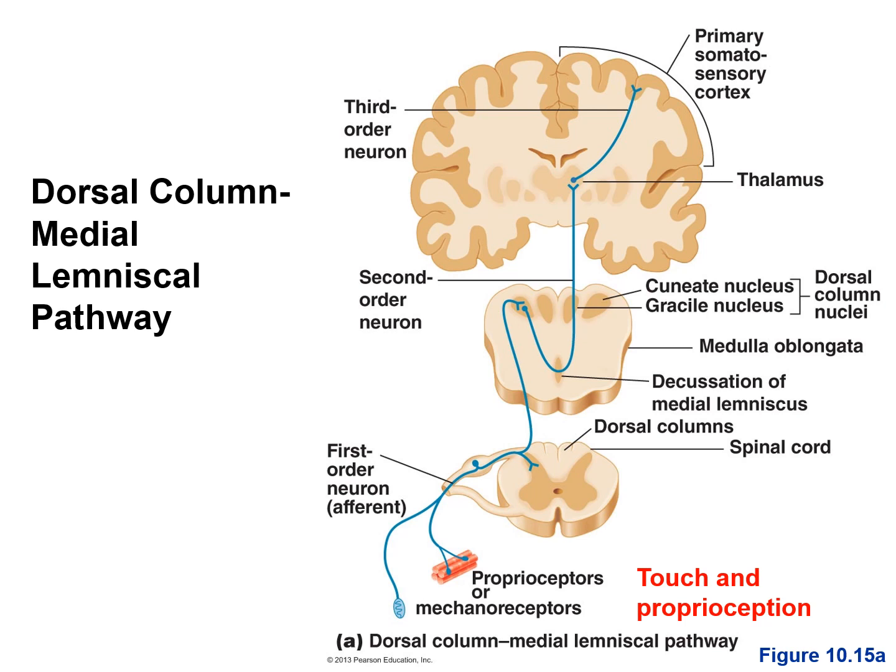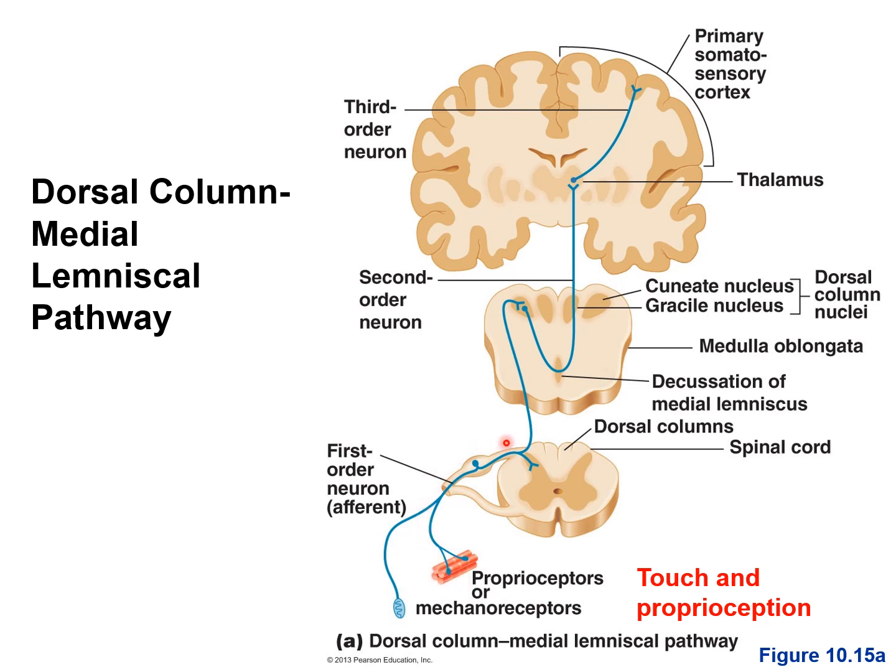And notice that we've got 3 sensory neurons to get that information up to the primary somatosensory cortex in the brain. So on our periphery, we've got our first order neuron that's going to pick up the touch stimulus or proprioception. Maybe we've got a muscle spindle here on the muscle.